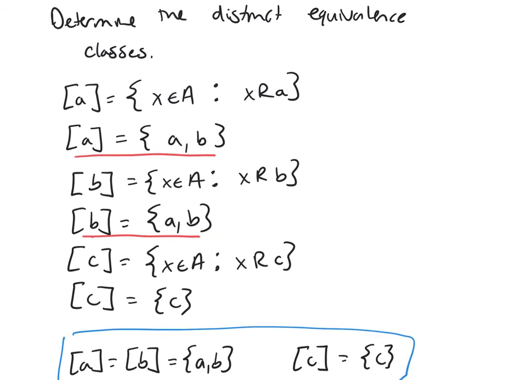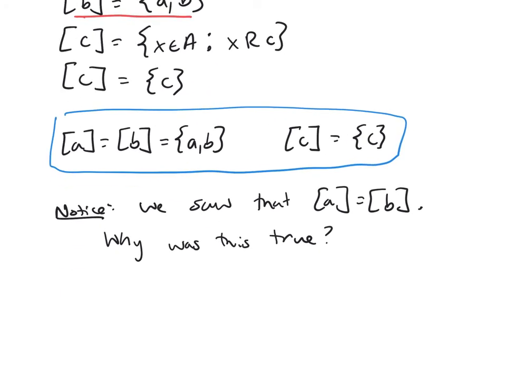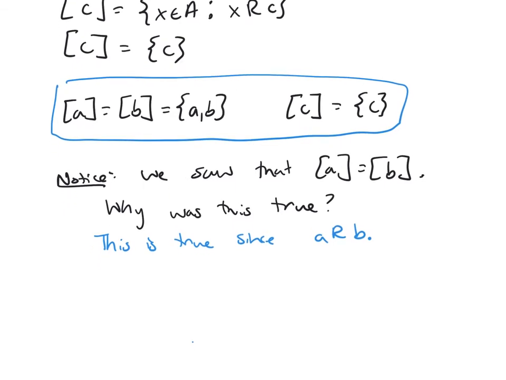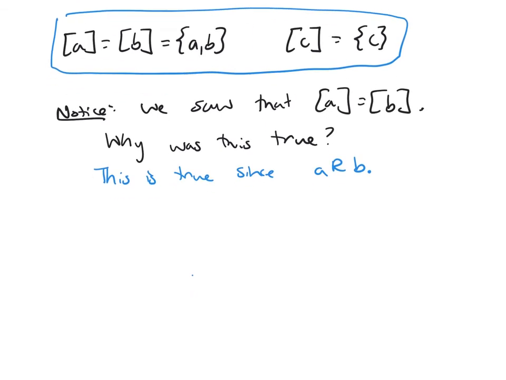So this is true since A was related to B. And so you might ask, does this always happen? If A is related to B, are the equivalence classes of A and B always the same? And the answer is yes.